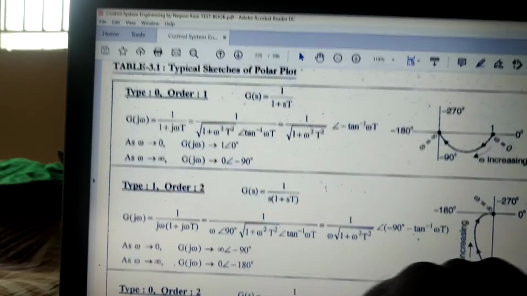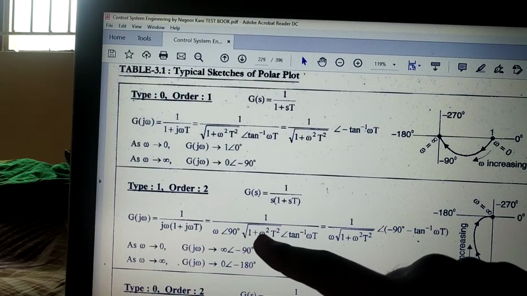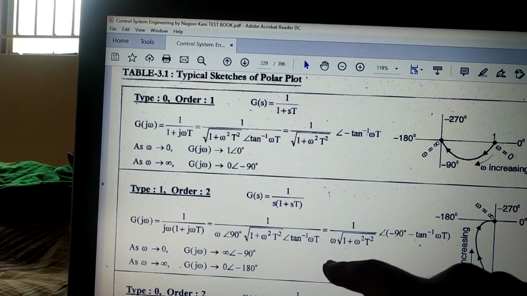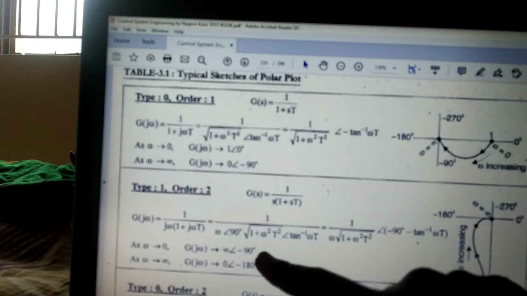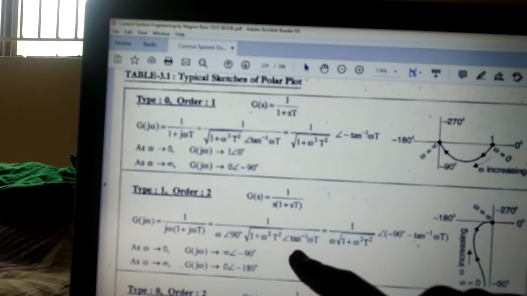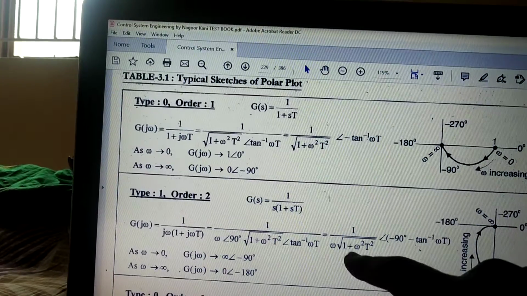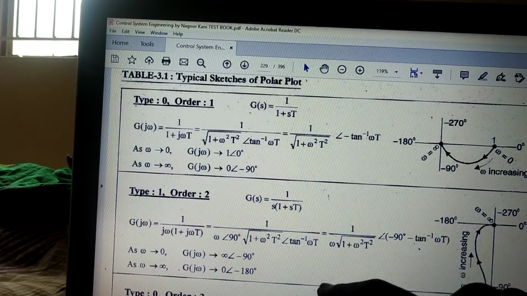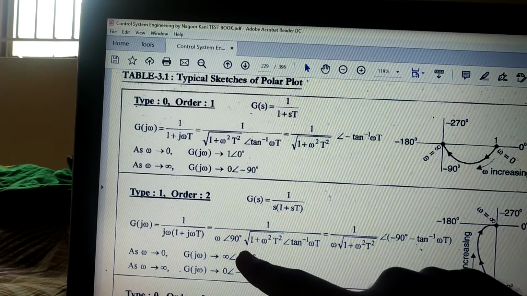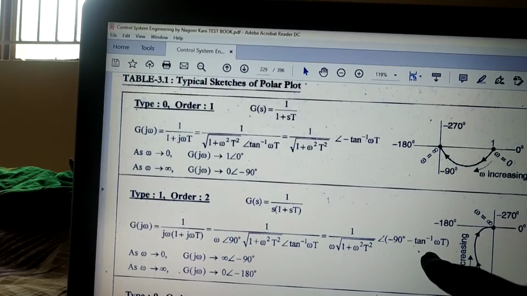As we saw already, 1/(1 + j omega T) is split into two portions: the magnitude is 1/square root of (1 + omega squared T squared), and the phase angle is minus tan inverse of omega T. So the angle of 1/90 degrees is minus 90 degrees, and 1 by tan inverse omega T is minus tan inverse omega T.